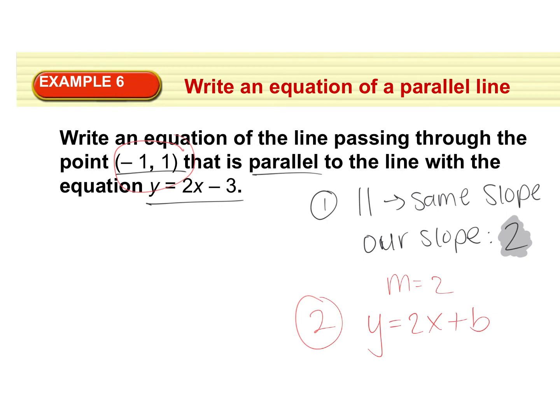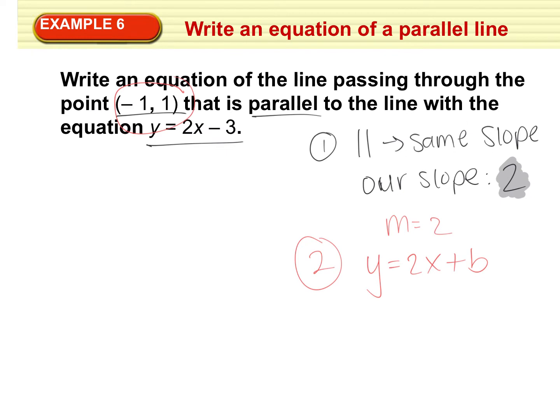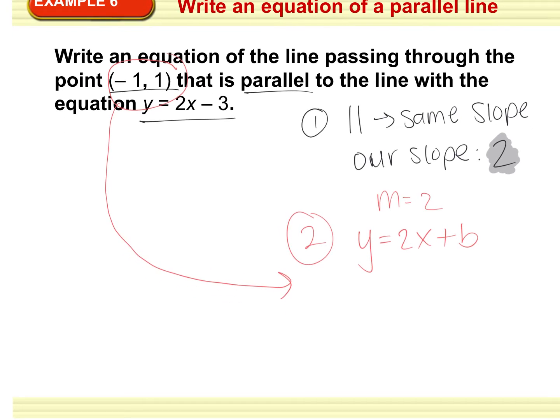But what can we do with this point to help us solve this equation? Kristen? Do y equals 2, parentheses -1. What are you plugging in right now? The x. Very good. Grab this guy, bring him down here. So you guys agree, in this coordinate, my x value is what? -1.